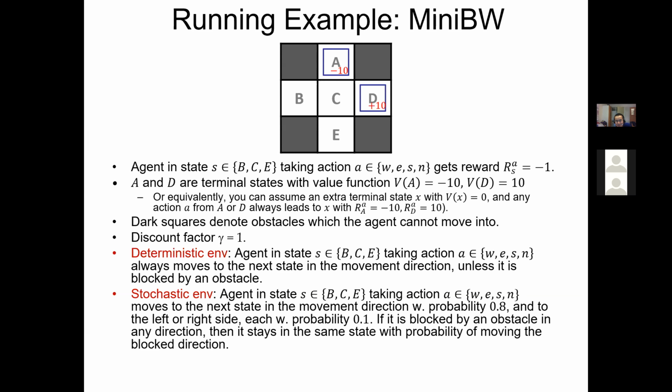You're driving in that direction, but the wheel may turn in a different direction. Or there may be wind in the environment that blows you in some other direction. So that's the part where the environment is stochastic and is not under the control of the agent. Similarly, if you are blocked by an obstacle in any direction, then you stay in the same state with the probability of moving in the blocked direction.